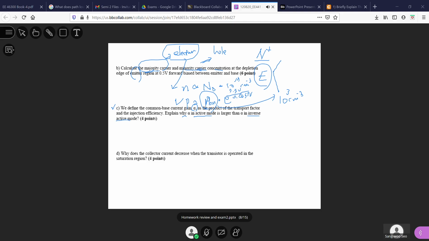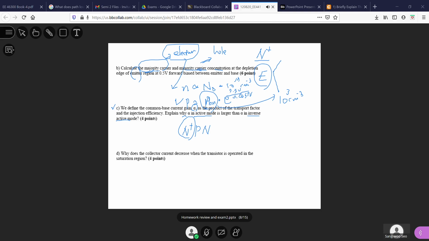Explain the reason in here, okay? So for this answer, as you can see, we have the transistor, which has the emitter side highly doped.